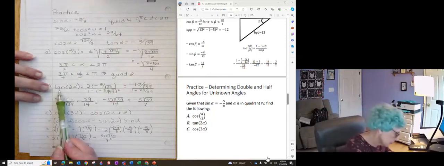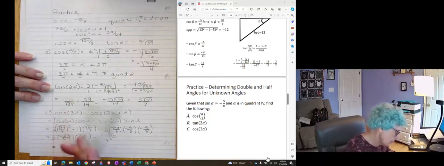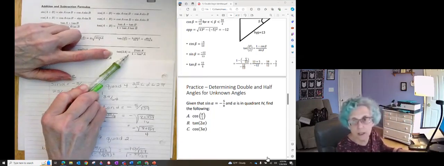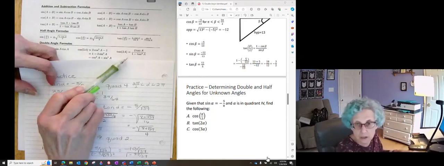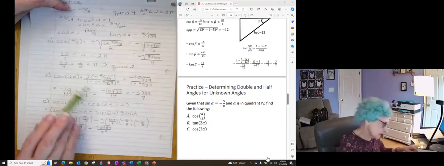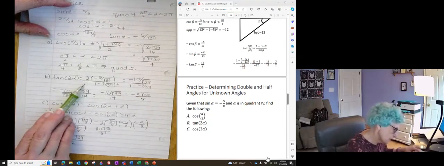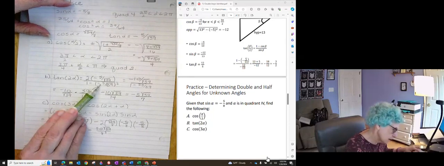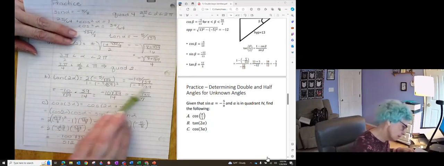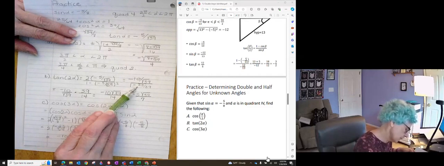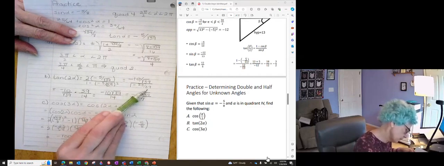Tangent of 2 alpha, well, I look at tangent of 2a is 2 times the tangent of alpha over 1 minus tangent squared. So 2 times tangent of alpha over 1 minus tangent squared. And again, I had to do some squaring. I square a negative, it becomes positive 25 over 39.